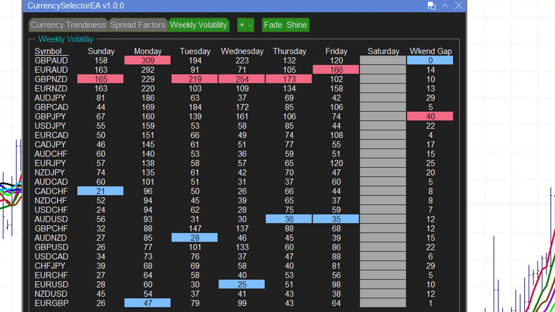As you can see, this table really shows the volatility by day of the various currencies. So that is the equivalent of the daily ATR by weekly day. Some would say, well, why is Sunday so active? And you must remember, the world is a funny place.